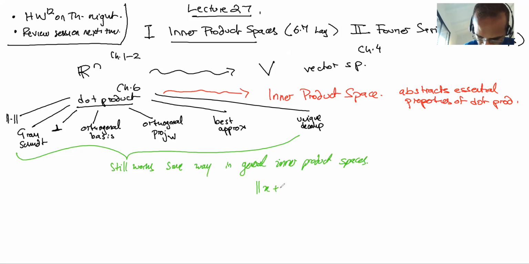Or I guess x, and we're using x for a variable in some examples, so try to be careful. This still works. The projection formula still works. All this stuff still works.